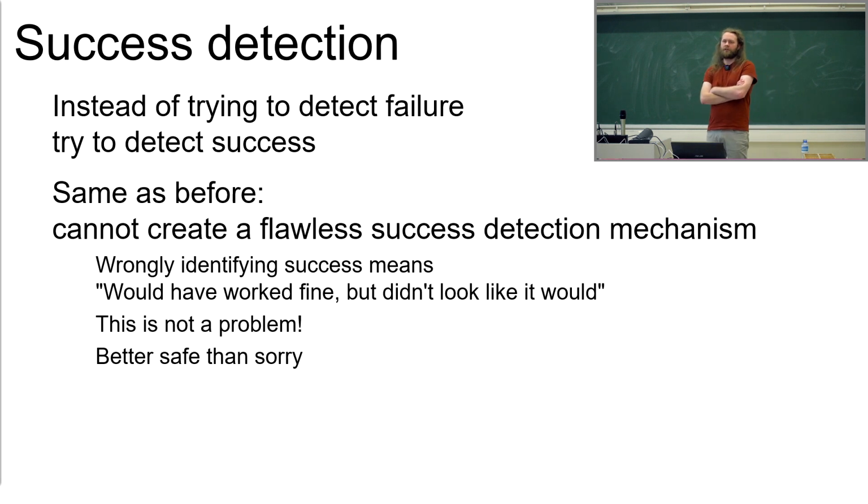So if we reject things that would have worked, then we go, no, that's not going to work anyway. Okay, so what? Try again. We get something that does work, we continue. So the fact that our success detection mechanism might be somewhat broken is not a problem, and definitely not a problem of the same magnitude as our failure detection mechanism being broken.